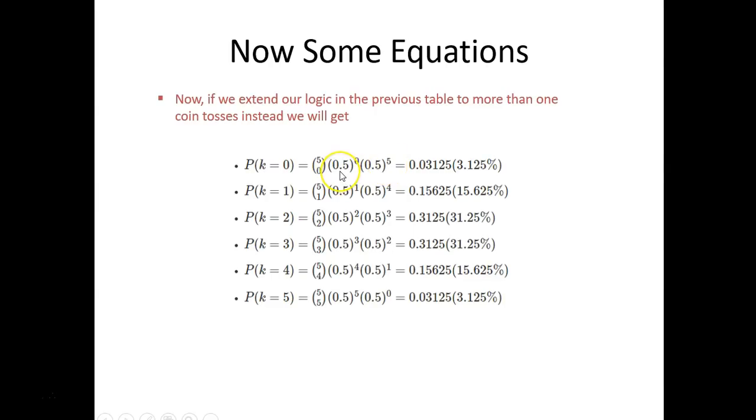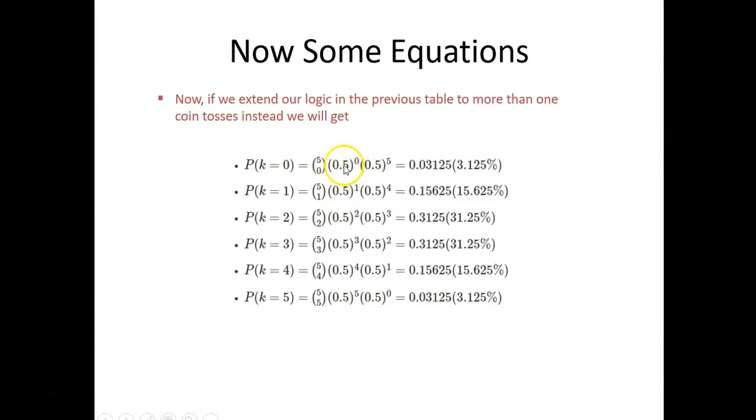So each outcome has probability of half. There are 5 possibilities. So 0.5 to the power 0, that is head to the power 0 and tail to the power 5. In this case, since head and tail both have probability of 0.5, both the terms here are 0.5.